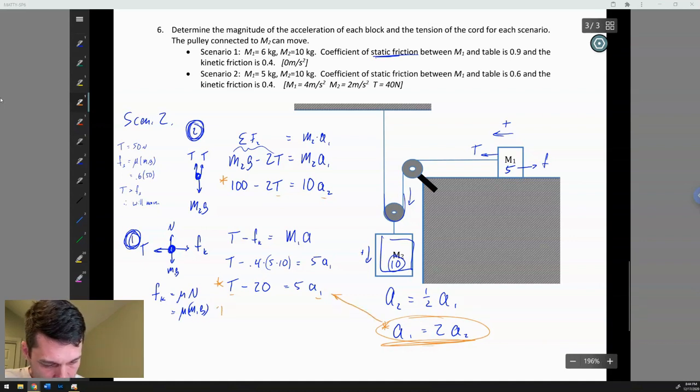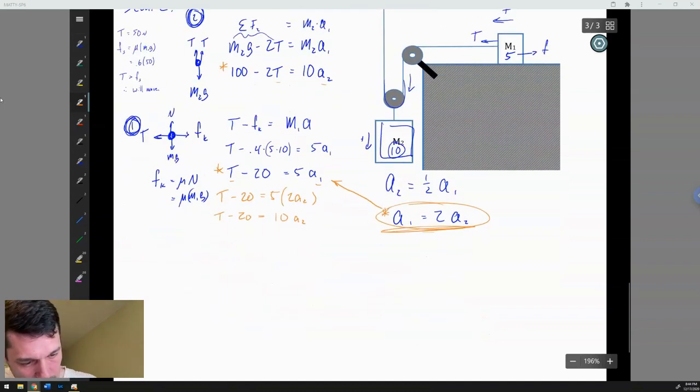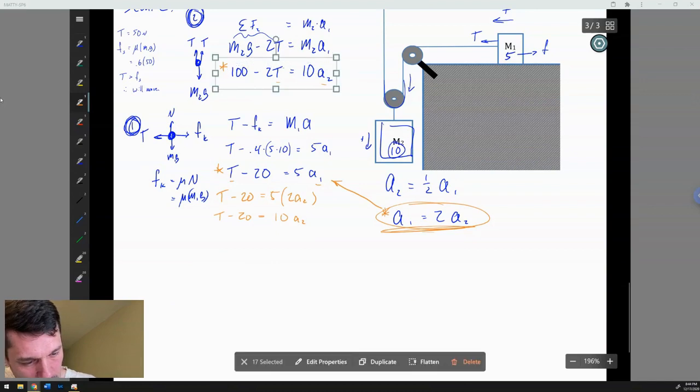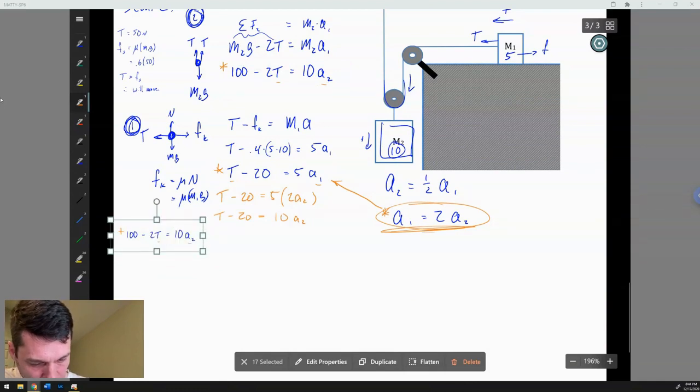So that gives me t minus 20 equals 5 times 2a2. So that gives me t minus 20 equals 10a2. And then we will pick this up, make a copy of it, bring it down here just for reference.